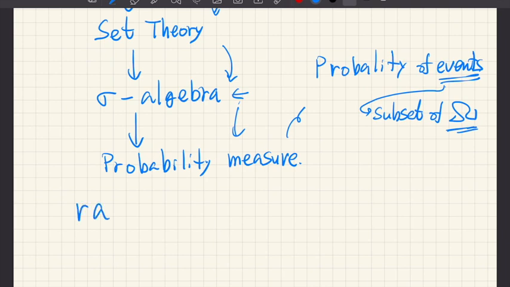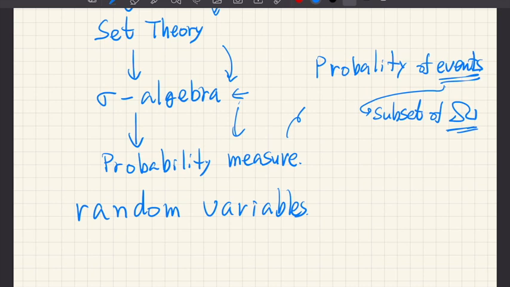So random variables. So what are random variables? Actually, in high school level, we didn't define random variables very formally. It's a kind of variable that varies randomly.